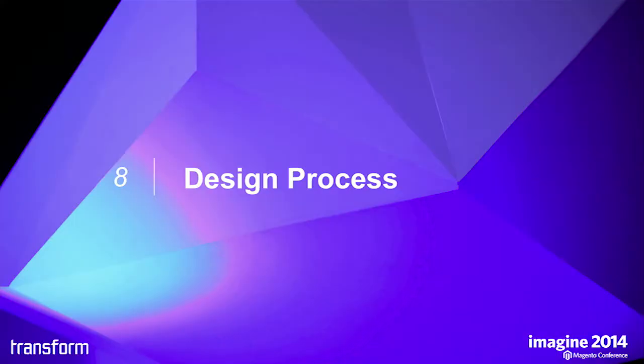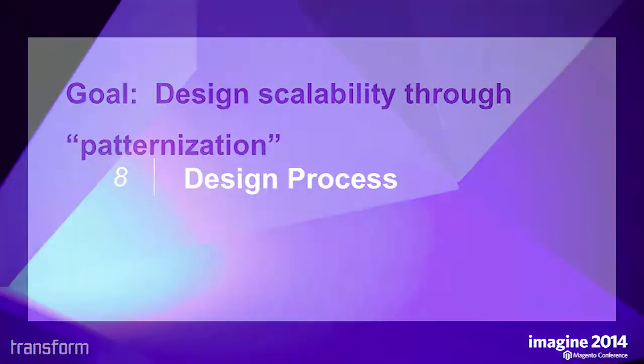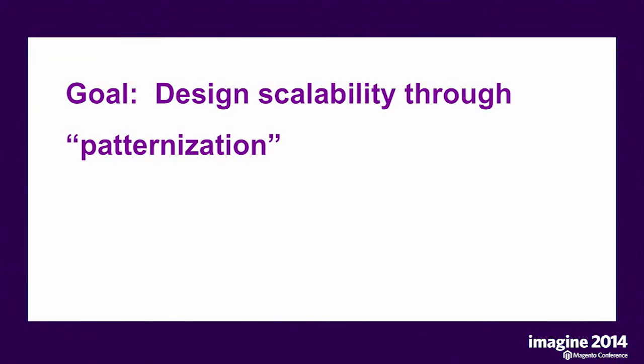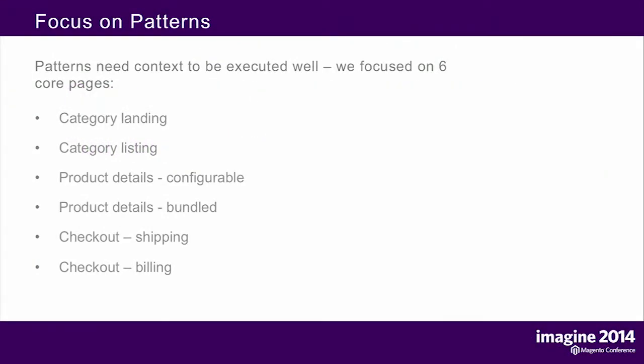So then my design process. I decided to create maximum scalability by patternizing and creating as few patterns as possible, but my patterns needed context. So I picked these 6 core pages: 2 category pages, 2 product details pages, and 2 checkout pages.